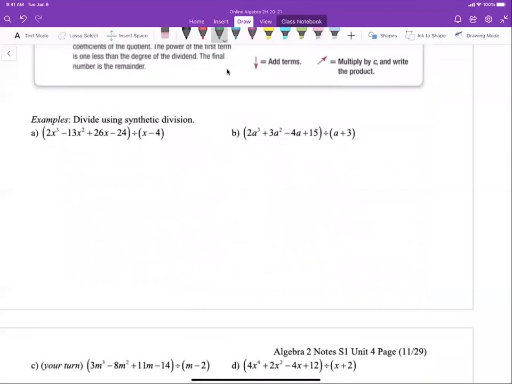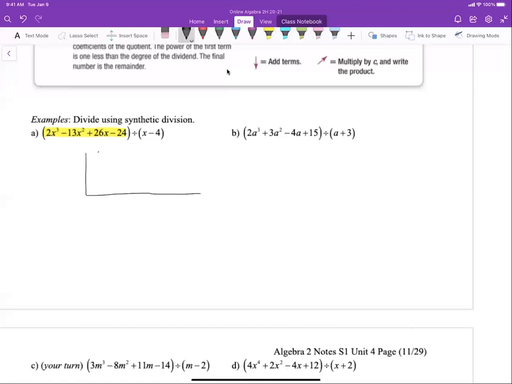Divide using synthetic division. What we're going to do is construct a box, and we will take the coefficients of the 2x cubed minus 13x squared, etc. That'll be our numerator.